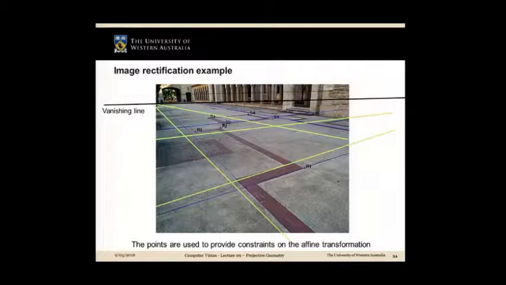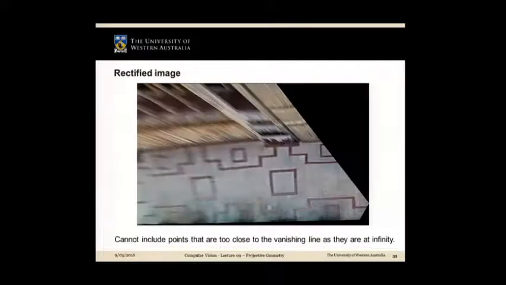So you have some vanishing points, you have some vanishing lines, and then the points are used to provide constraints on the affine transformation. And when you perform your image rectification, you get this sort of view. Can you see the squares there? Right? So image rectification basically helps to recover that particular shape, that geometry from an image.